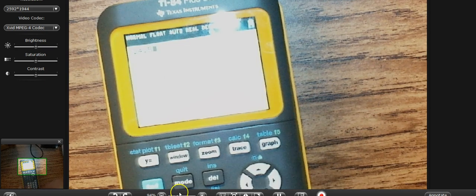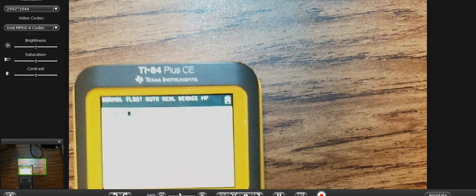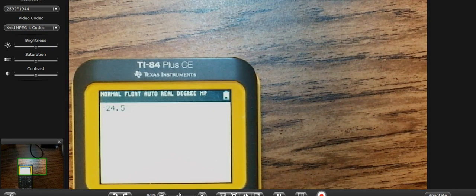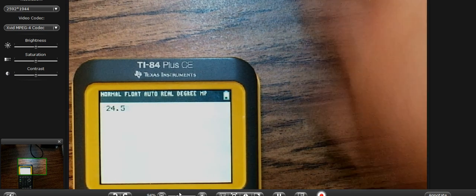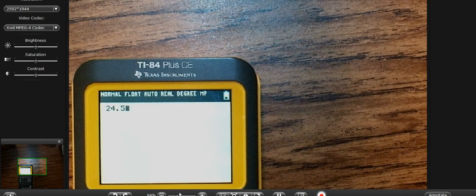Negative 24.5 plus the square root of 792.33 gives me this value. Then when I divide by parenthesis 2 times negative 4.9, I end up with negative 0.37. Now, is that the good one or the bad one?